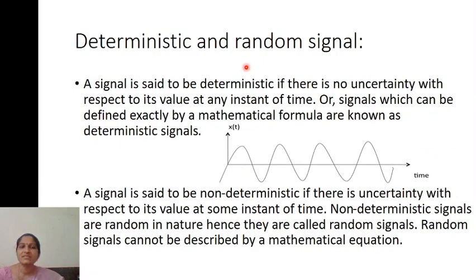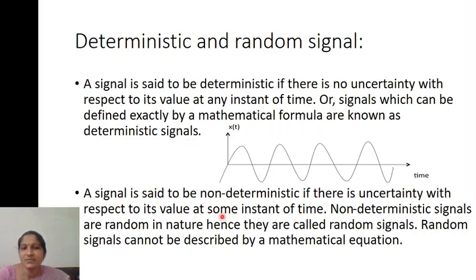Next one, deterministic and random signal. As the name itself says, deterministic means you know the correct value. A signal is said to be deterministic if there is no uncertainty with respect to its value at any instant of time.